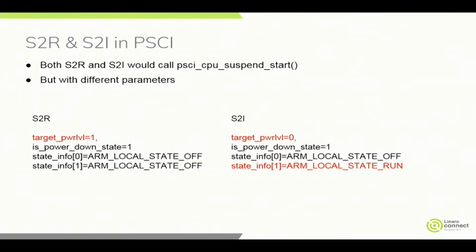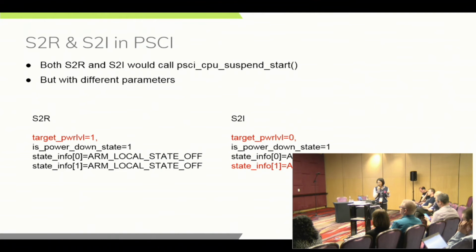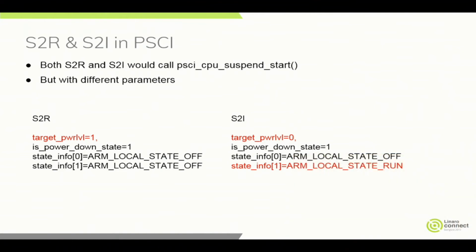I started by looking at the two suspend activities in PSCI space. The purpose was to make suspend to idle and suspend to run have the same activity in PSCI.